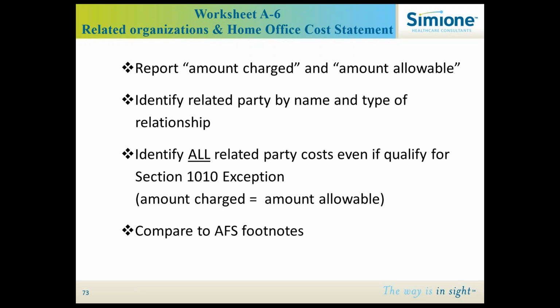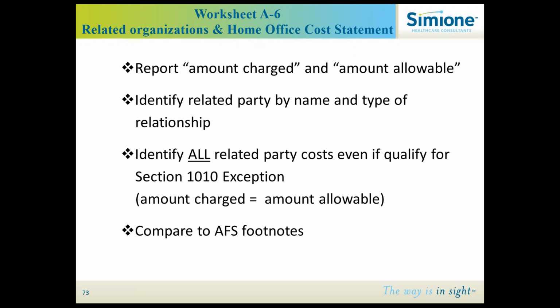CMS and the MAC could come to you for more information if they want, but they'll be a lot angrier, or angrier period, if you have a relationship and you haven't disclosed it. If you're buying medical supplies from your sister, disclose it. If you're renting a building from your dad, disclose it. If you own the building and the agency, but they're separate corporations, disclose it, because that's a related organization transaction.